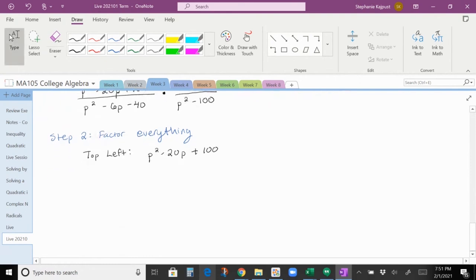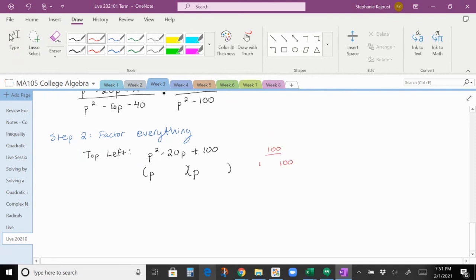This is one where you want to factor by guessing and checking, because it won't take too long and you do not have a number in front. So I'm going to set up my parentheses and put in my variables. Then I'm looking for 2 numbers that multiply to 100.